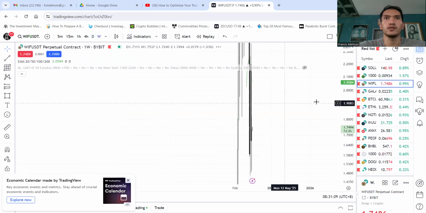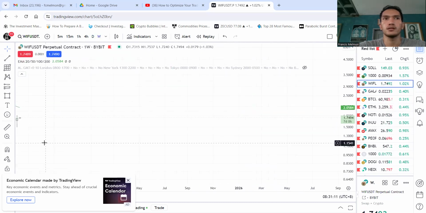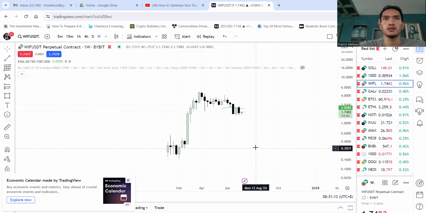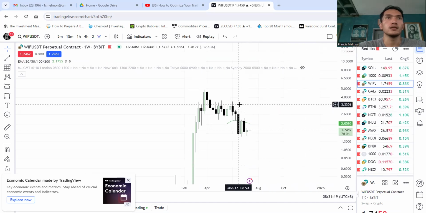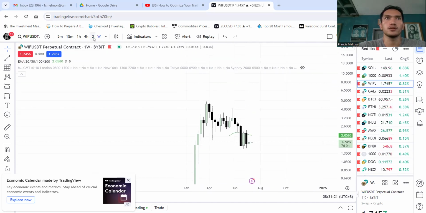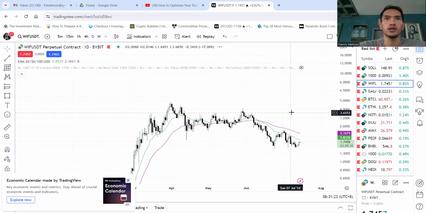Okay, next for the width. So as we can see, we still have a bullish structure right here.